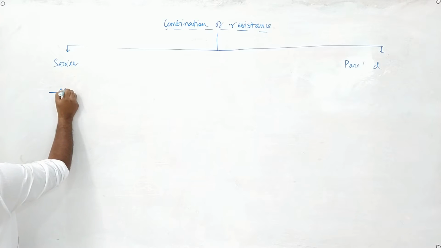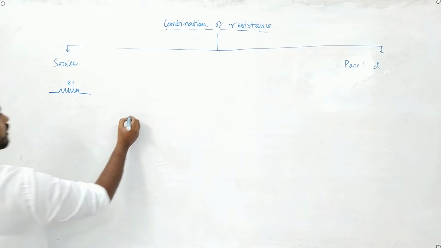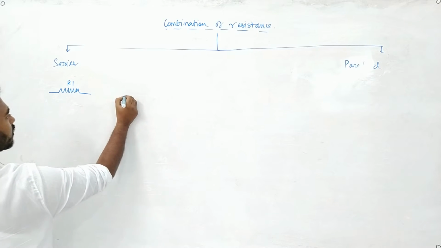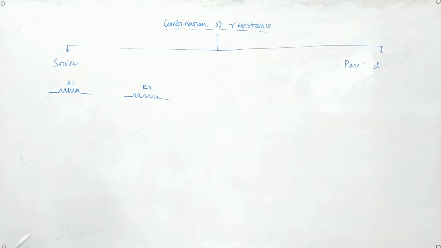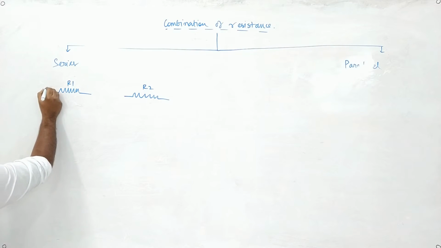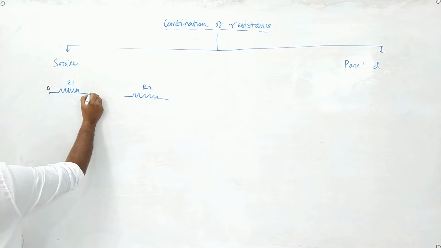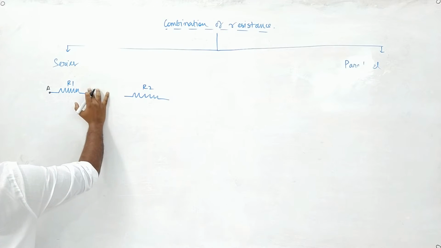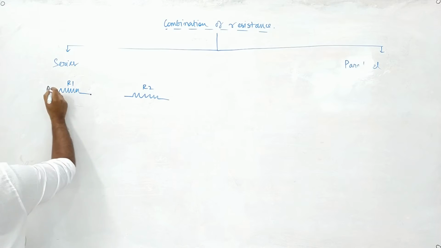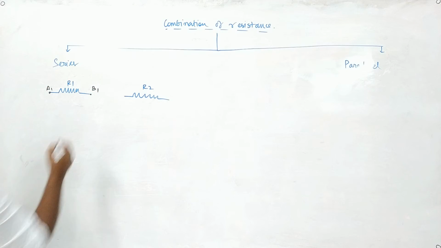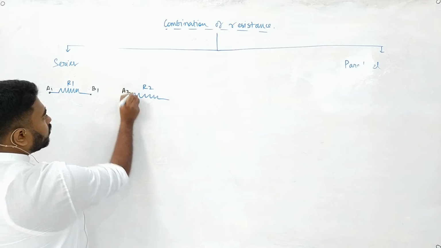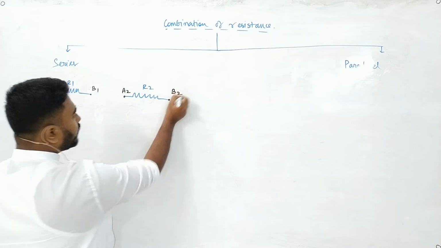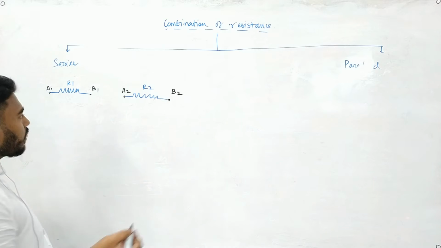Let us take a resistance R1 and let us take another resistance R2. Now let this be the start of R1, this be the end of R1, so we are putting it as A1 and B1. Let this be the start of resistance R2, A2, and the end of resistance R2, B2.